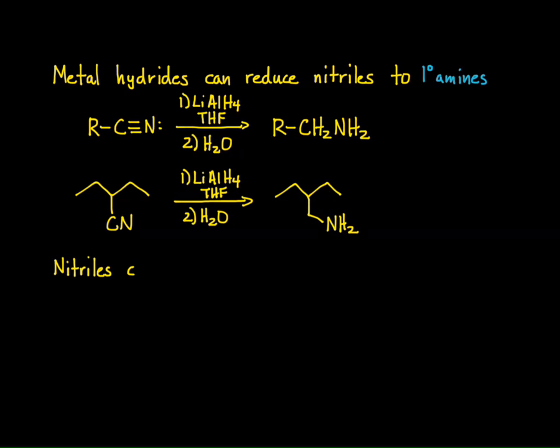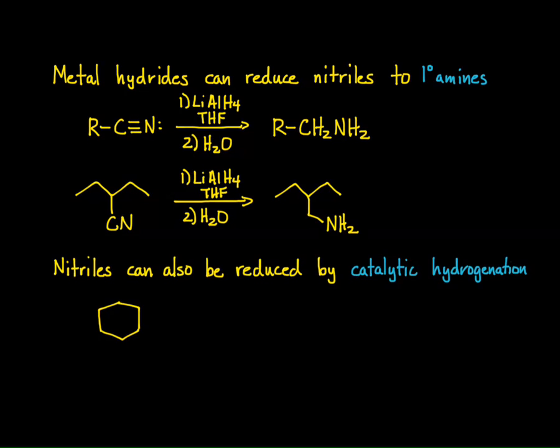And of course, we can also reduce nitriles using catalytic hydrogenation. So here I have phenyl nitrile and react it with hydrogen over palladium. We know that hydrogen will reduce pi bonds.